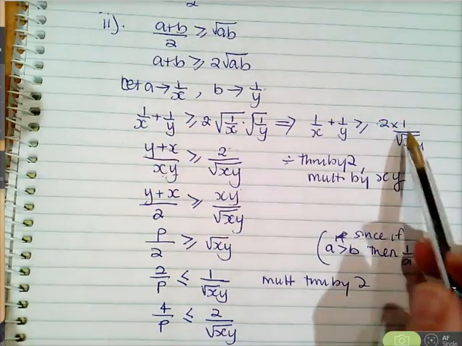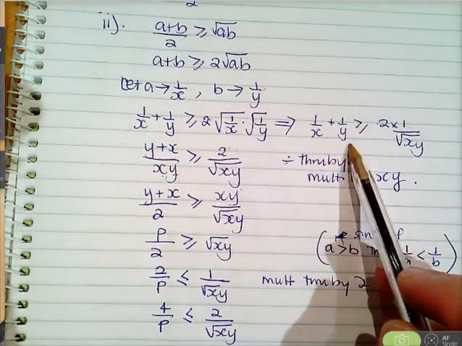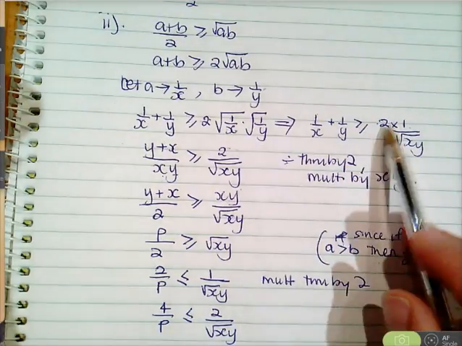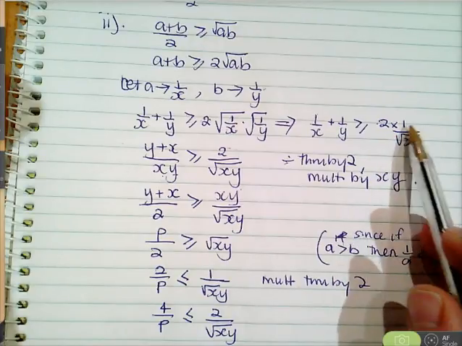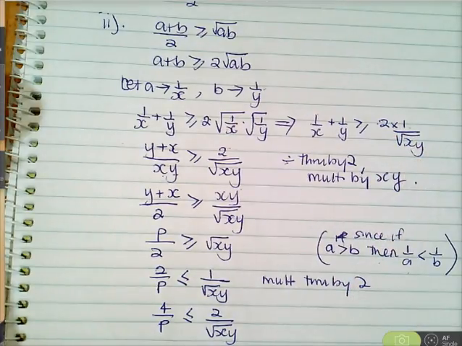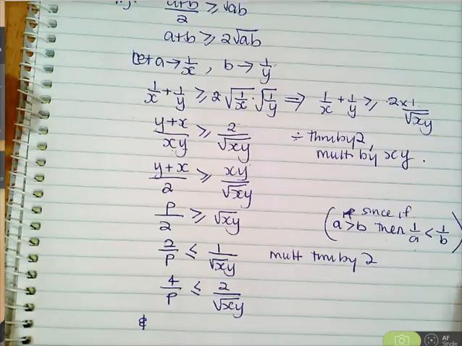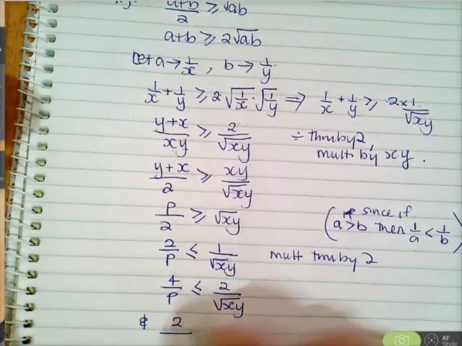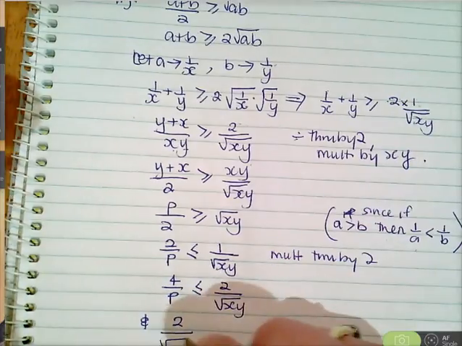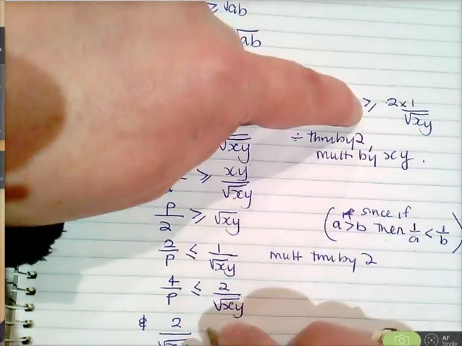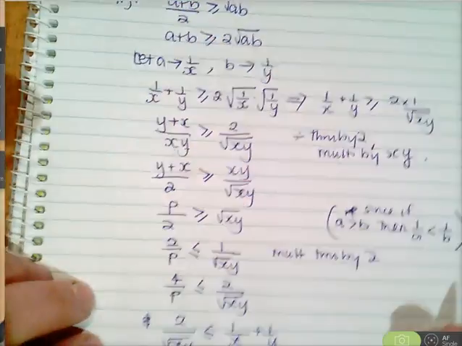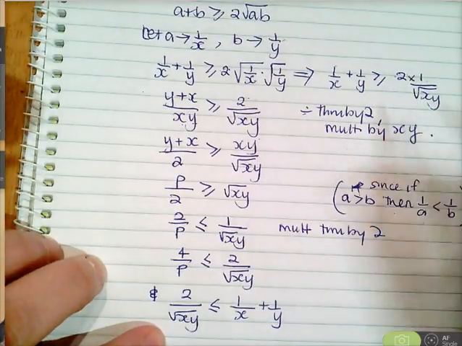So we know that 1 over x plus 1 over y is greater than or equal to 2 over root xy. And so, writing this the same way, 2 over root xy would be less than or equal to 1 over x plus 1 over y. We can see from up here, okay?